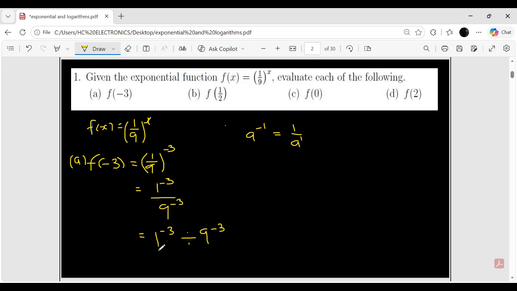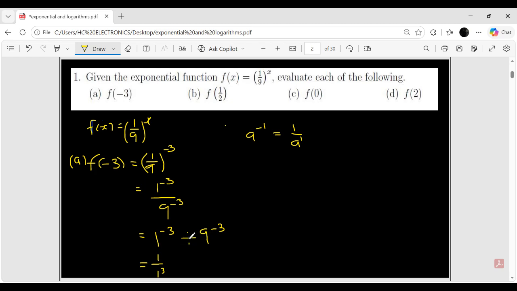As a result, these change to positive powers, so it is going to be 1 over 1 to the power 3. The one which is down now is the one which has the 3.